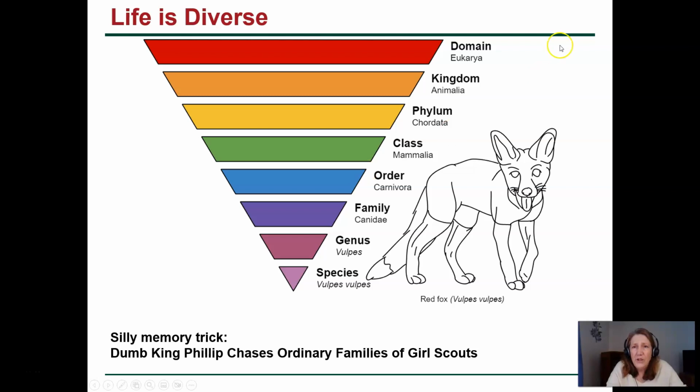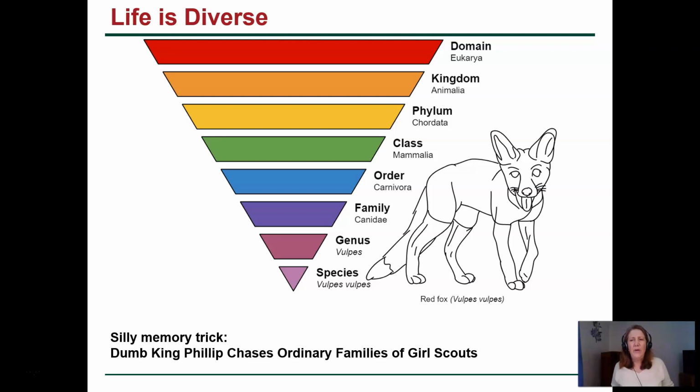So going down from, we just talked about domains, we just talked about the kingdoms within eukarya. So your next question on the study guide asks you to list the 8 levels of the classification system. So here we've got domain, kingdom, phylum, class, order, family, genus, and species. So species is going to be a very small subset, whereas domain is going to encompass a whole bunch of life.